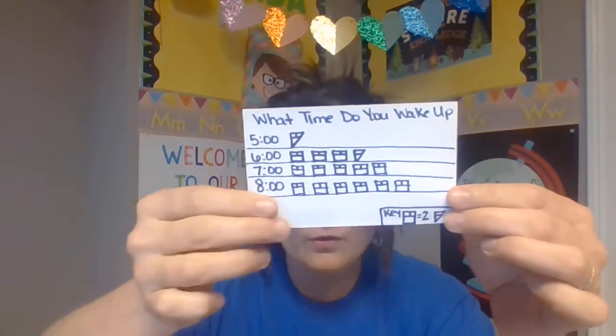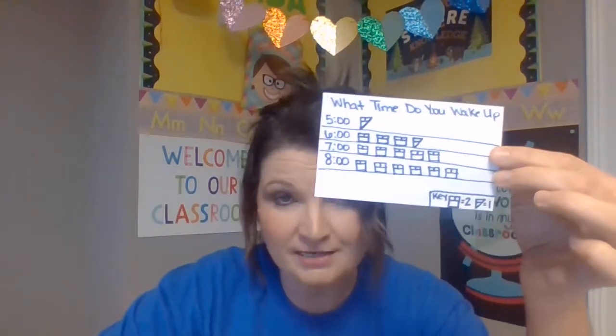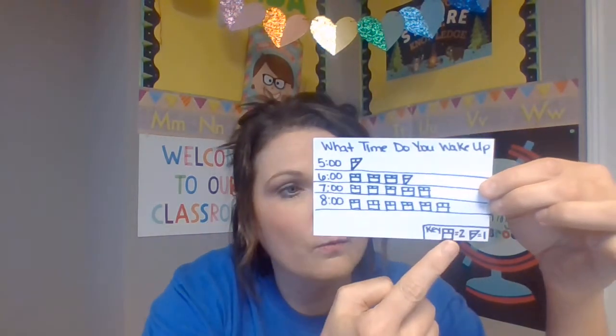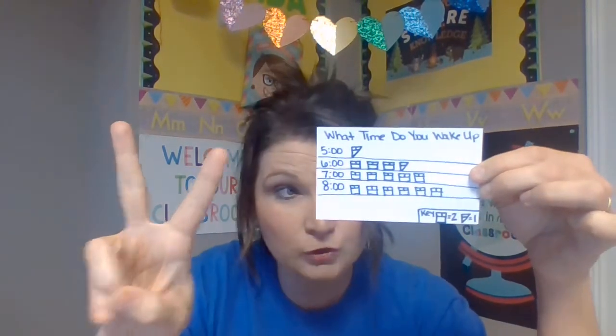Another way that we can represent data is by making a pictograph or a picture graph. I tried to make beds, but these do not look like beds. I'm not even sure what those look like, but it's okay. The main thing on a picture graph is to always look at your key. I can see here that one whole bed is worth 2 people, and then my little half bed here is worth 1.